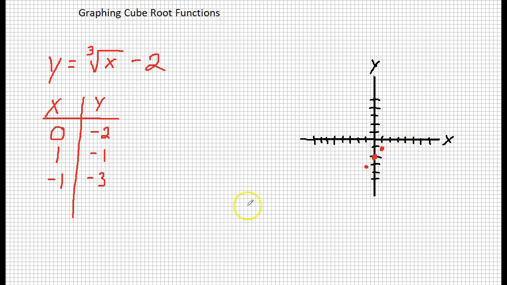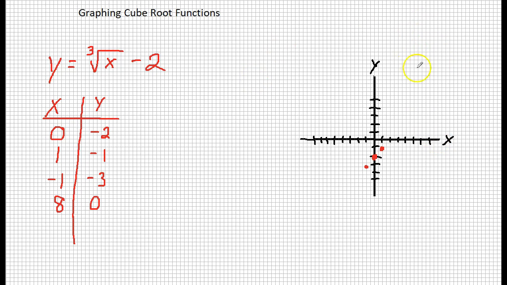Okay? Now, my next perfect cube in the positive direction is 8, because 2 cubed equals 8. So the cube root of 8 is 2. 2 minus 2 gives me 0. So I go over 8: 1, 2, 3, 4, 5, 6, 7. Oh, looks like I need one more hash mark.